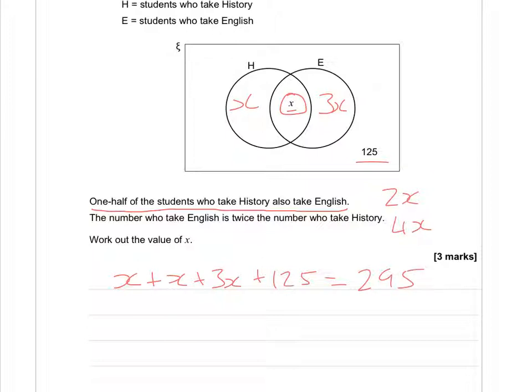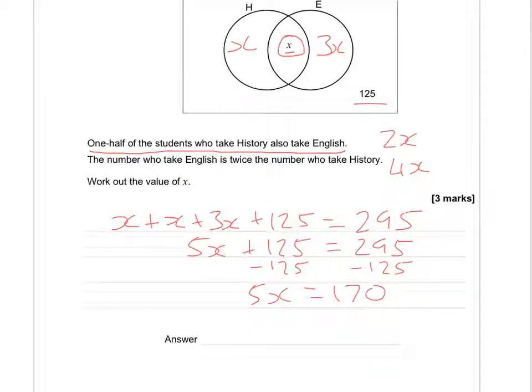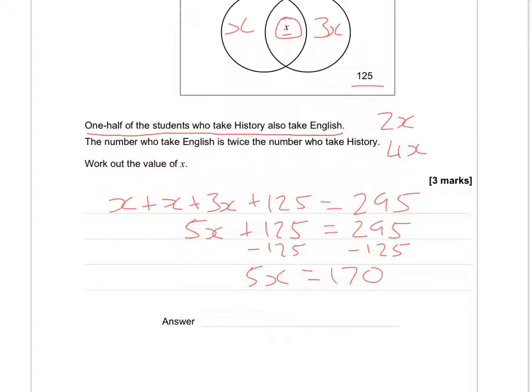We therefore have 5x plus 125 equals 295. I'm going to subtract the 125 from both sides to get 5x equals 170. I then divide both sides by 5 to get x equals 34.